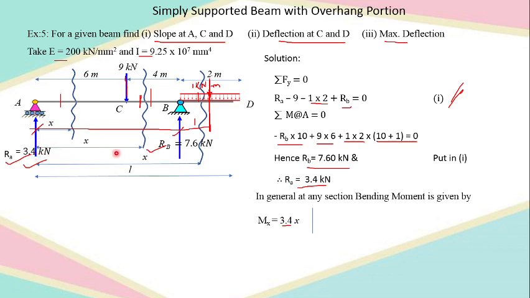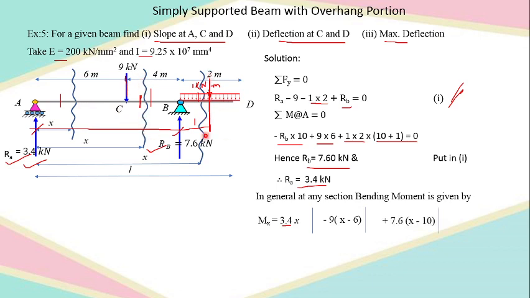Ra into x is already taken, plus 9 into x minus 6. The total distance is x, and this part is 6, so this distance will be x minus 6. So I have taken the moment about the second section also.